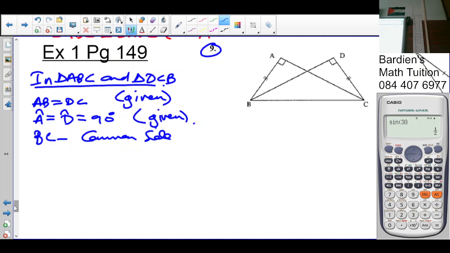We used a side, an angle which is 90 degrees, and we used the hypotenuse. Why? Because that is 90, so that's your hypotenuse. So what case of congruency is this? RHS. So therefore triangle ABC is congruent to triangle DCB. Why? RHS. Okay, you guys understand?